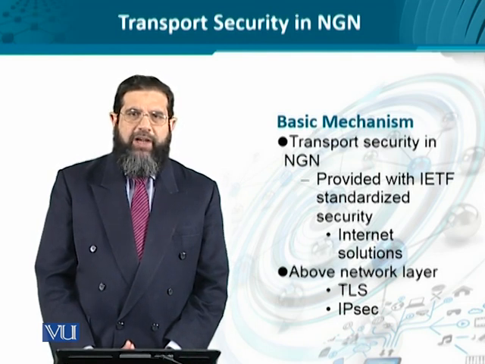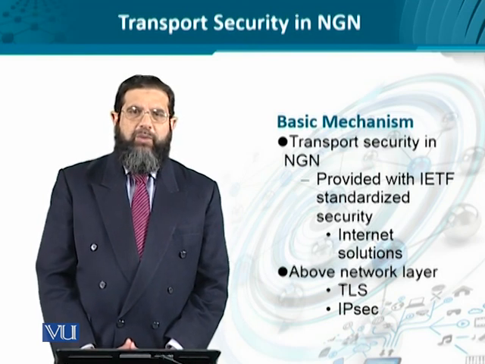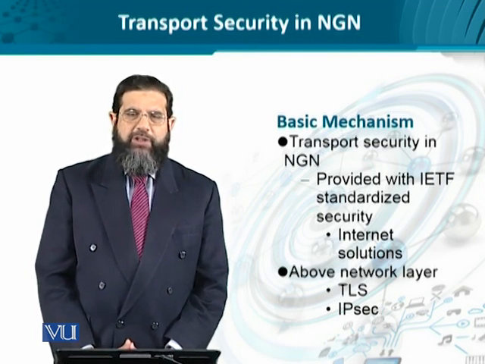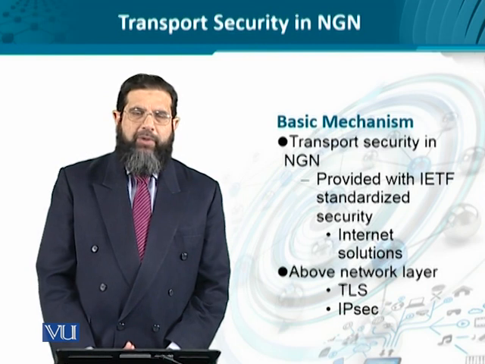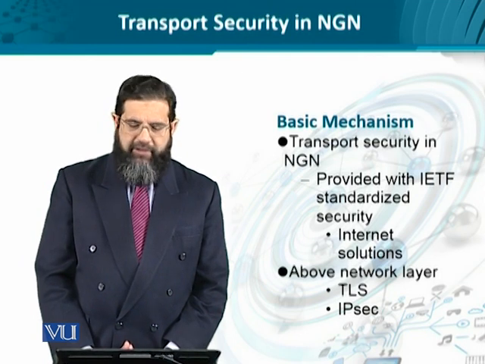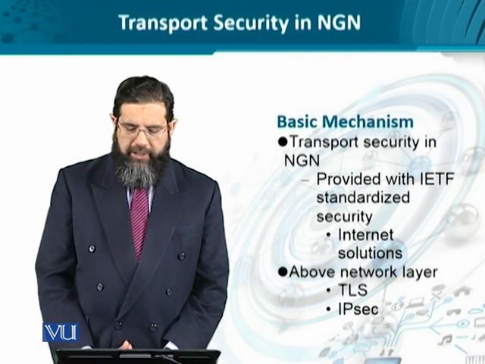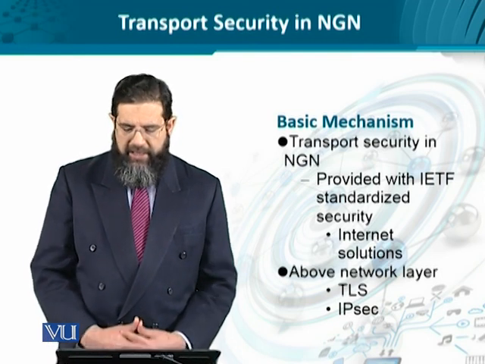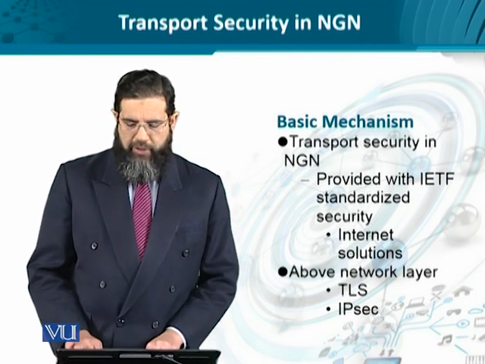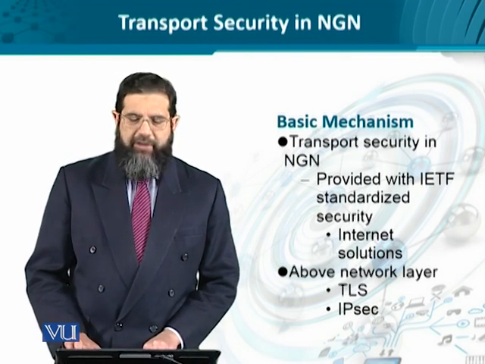If we incorporate security within the network layer itself, we call it IP security or IPsec. But if we go one layer above and encapsulate the TCP segment or the UDP datagram in the transport layer, we call it TLS for TCP and DTLS for UDP. In NGN, TLS and IPsec are the main recommendations.